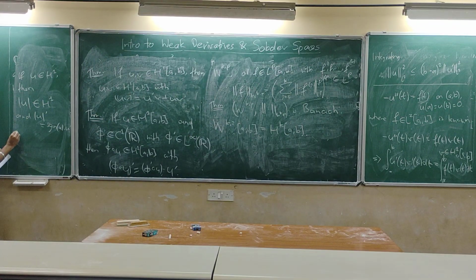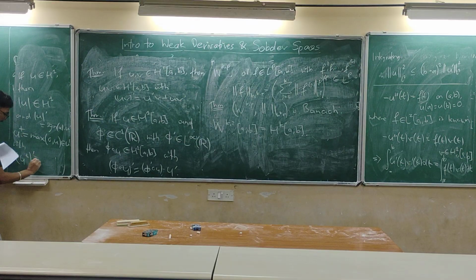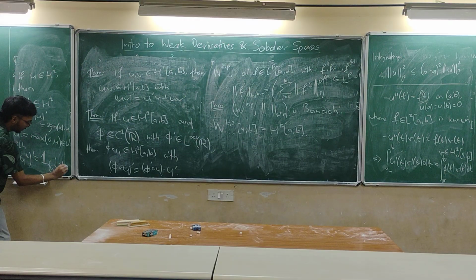And moreover, if u is in H1, then u plus, which is defined as the max of 0 and u, is also in H1 with weak derivative as this, u prime.